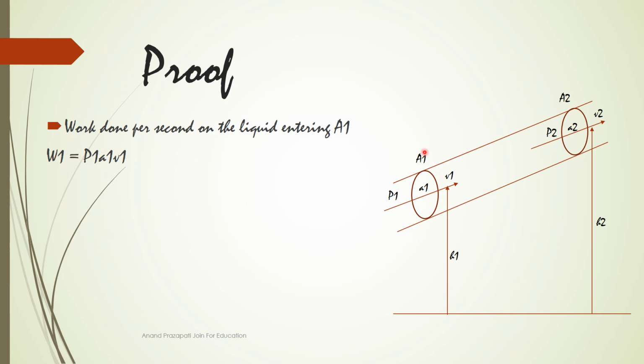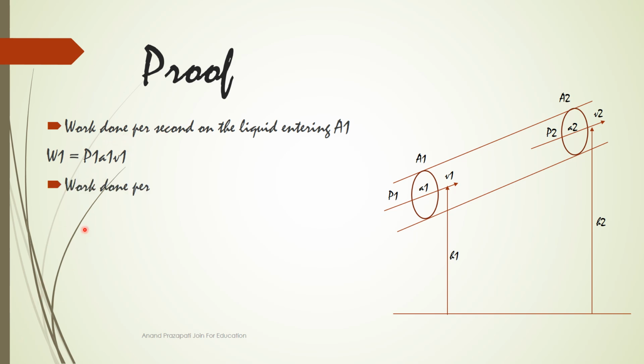So work done at A1 is W1, and I have already explained this. Force per unit area, F by A into area into displacement by time, and force into displacement equals work done, so here work done will be per second.